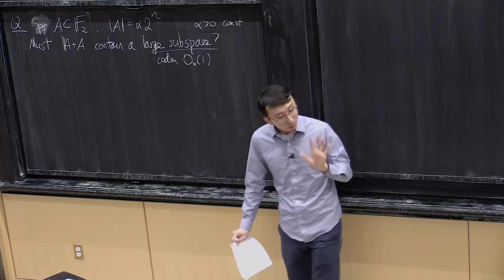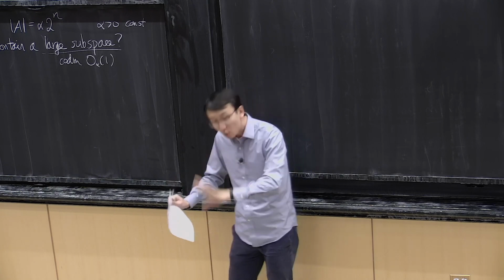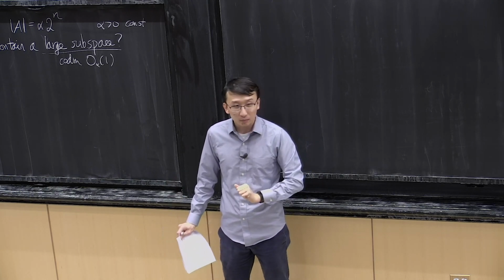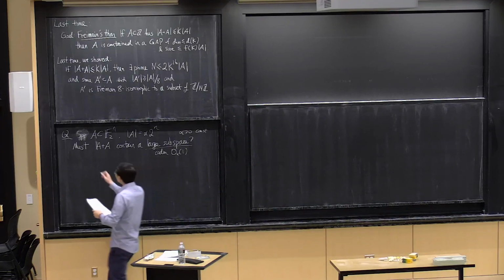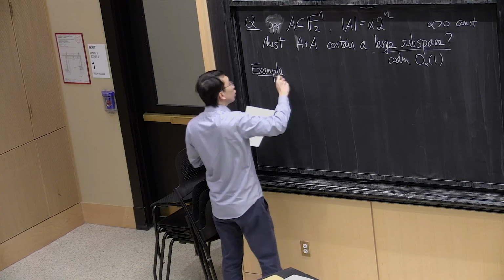So there exist sets that, even though they are very large, when you add the set to itself, it still doesn't have large subspaces. Let me give you an example. This construction is called a Niveau set.